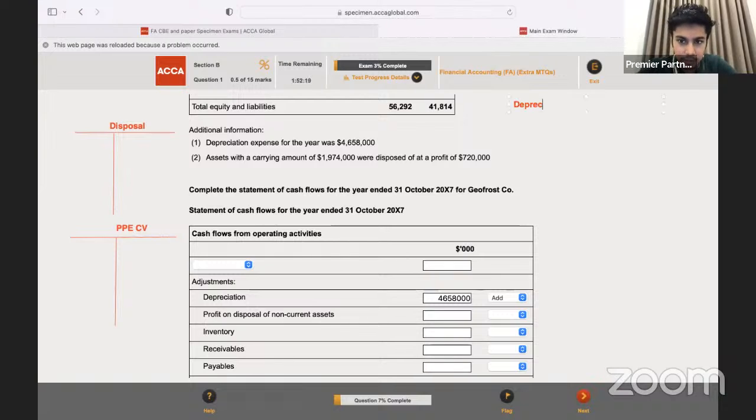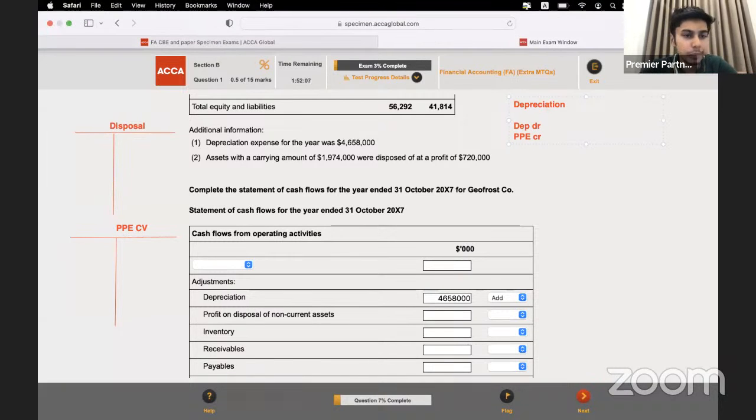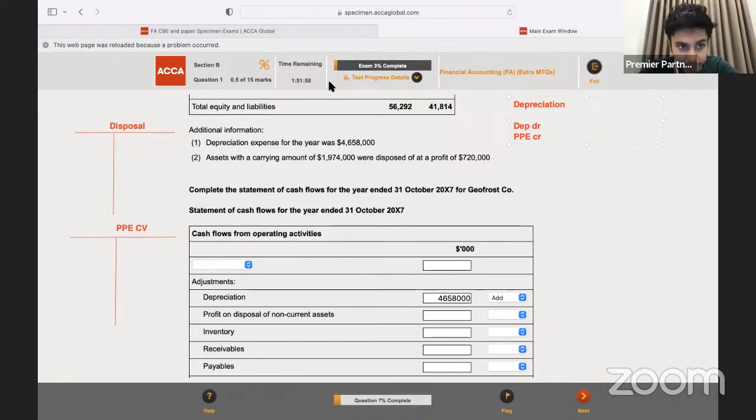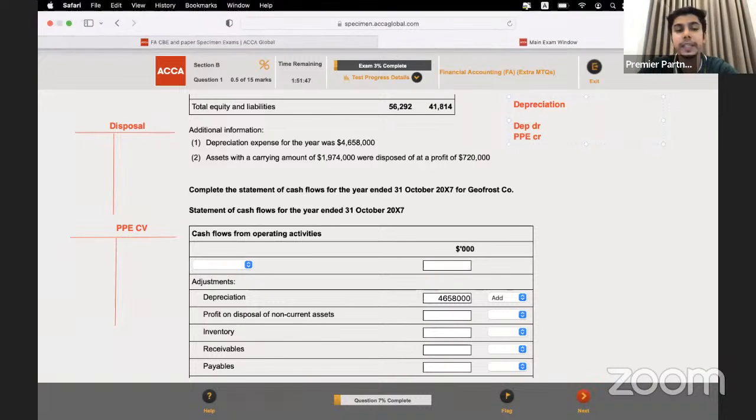Remember, guys, any depreciation, the double entry will be depreciation account debit, PPE account will become credit. Now, normally in accounting, what's the double entry for depreciation? Depreciation debit, provision for depreciation credit. But in a cash flow, if the PPE is held at carrying value, without crediting the provision for depreciation account, we are going to credit the PPE account directly.